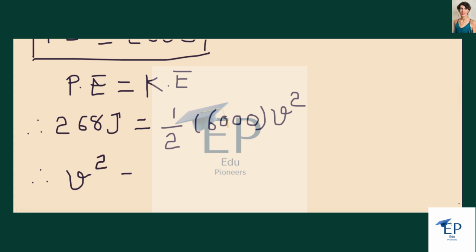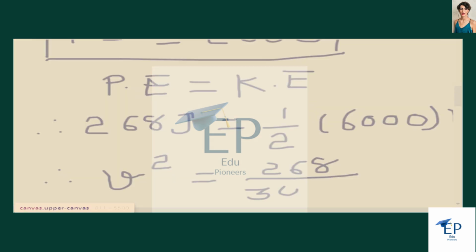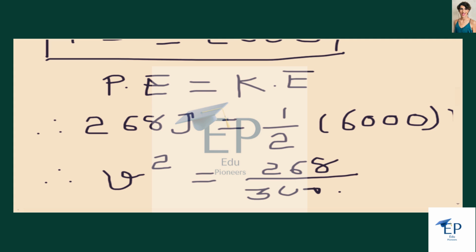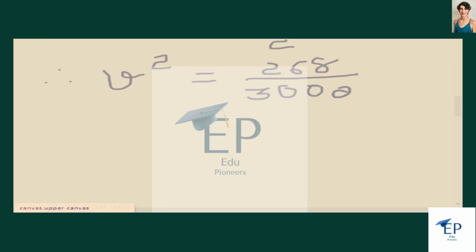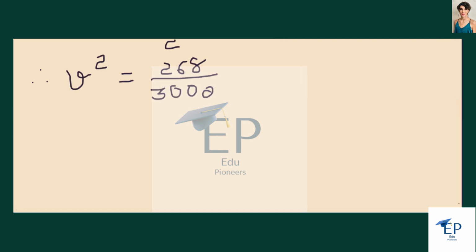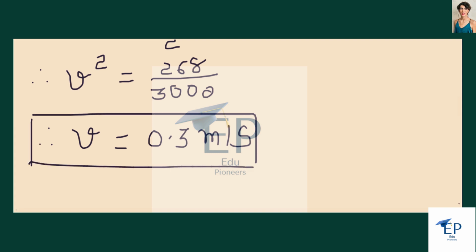So I can write V square is equal to 268 divided by 3000, and we will have the value of V equal to 0.3 meter per second. So our velocity is 0.3 meter per second.